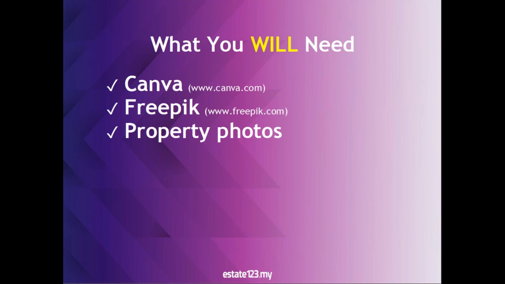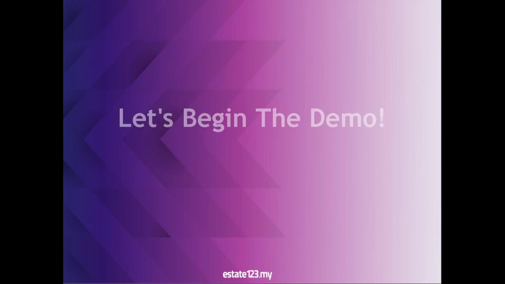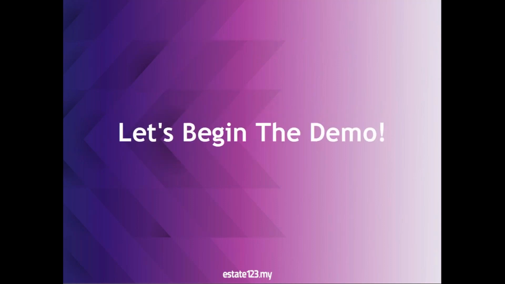I believe you will have them because you've been posting all your listings with photos, and of course all the details about the property that you're trying to sell or rent. Okay, so once you have all these prepared, then you can begin. So without further ado, let's go straight into the demo so that I can show you how to do it yourself, DIY.